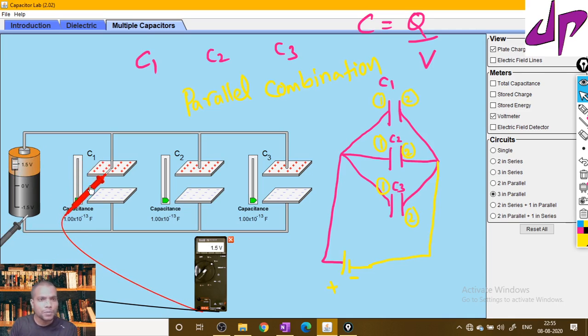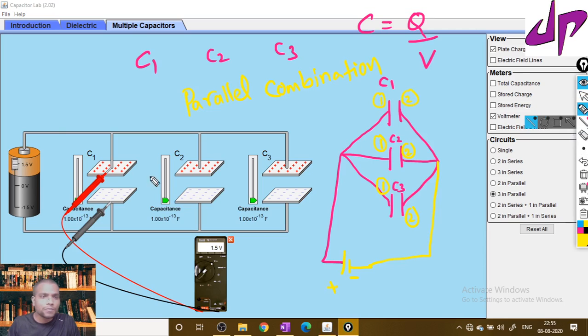Now if we measure the potential difference between the plates of capacitor C1, it is also 1.5 volts, the same as the cell.